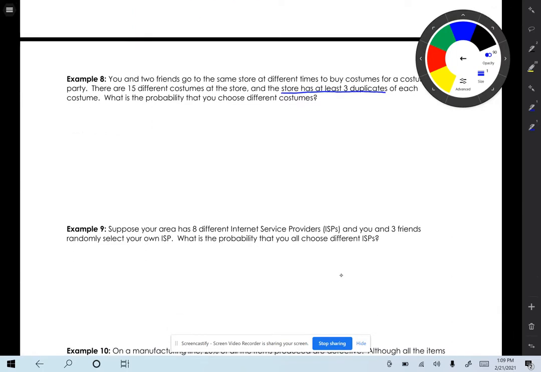So let's see, you and 2 friends, so there's 3 of you. So probability A and B and C is equal to, okay, so all 3 of you could pick the same costume.